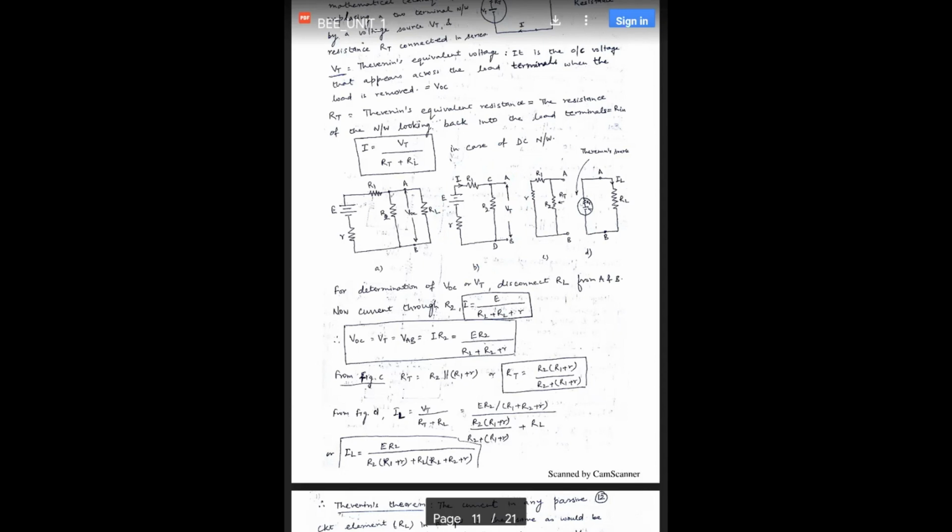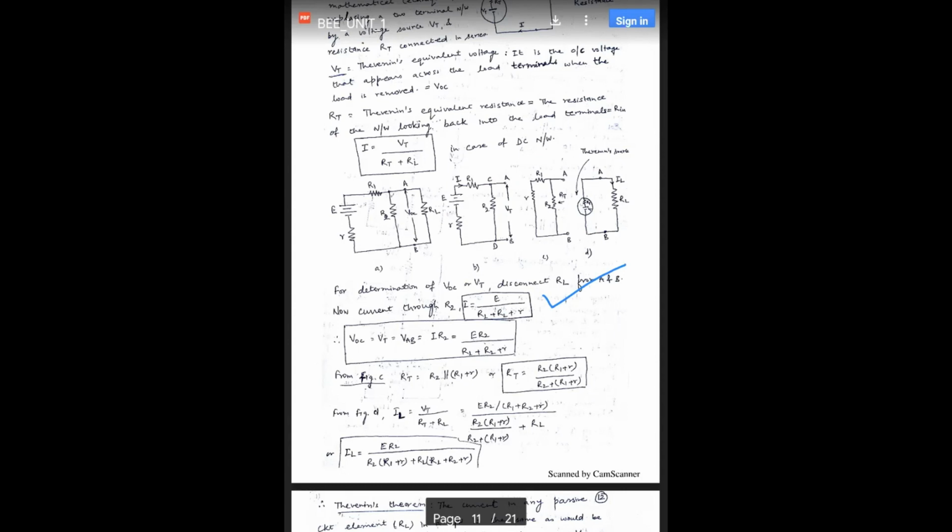So the current will follow the path R1, then R2, then the internal resistance. Okay, so this is the path which is followed by the current. So all the resistances are in series, so we can easily apply Ohm's law to get the current which is flowing from the battery source.